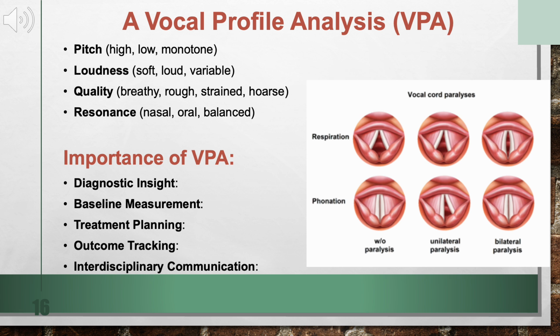Outcome tracking. Assists in monitoring progress and effectiveness of voice therapy. 5. Interdisciplinary communication. Provides standardized descriptors that can be understood across medical and educational teams. In essence, the VPA is a valuable clinical tool that supports both the diagnosis and rehabilitation of voice disorders in a structured, reproducible way.